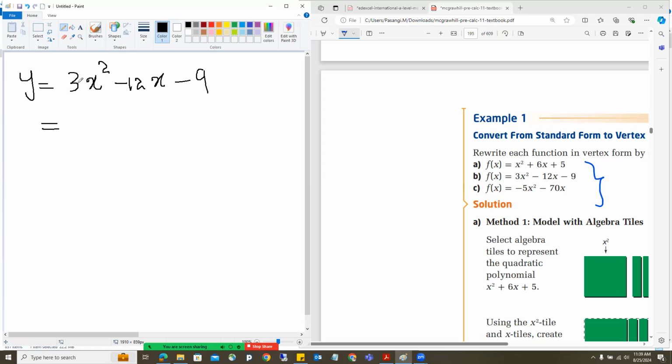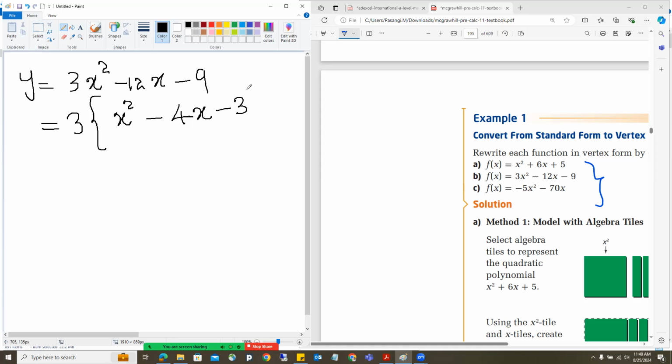So the first thing we need to do is make this x squared coefficient 1. Because of that we have to take this 3 out. If we take this 3 out, the remaining part is x squared minus 4x minus 3.